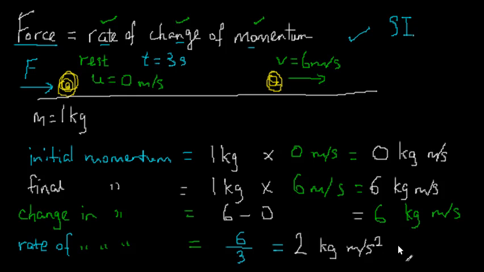So what this means is that in SI units, we're just going to make things simple by equating force to the rate of change of momentum. Therefore, if the rate of change of momentum is 2 kilogram meter per second squared, we're just going to take that as a force. So that is the force, according to this equation.